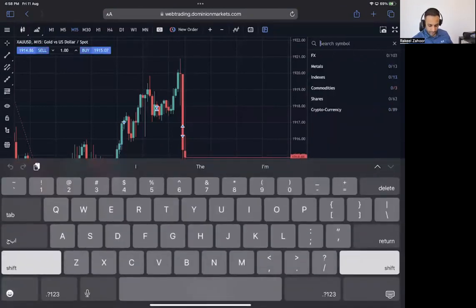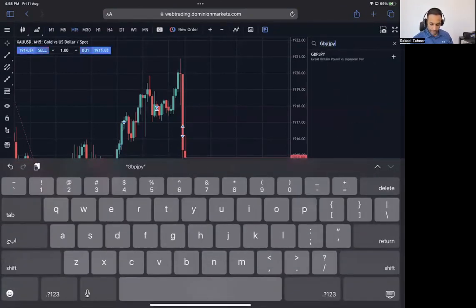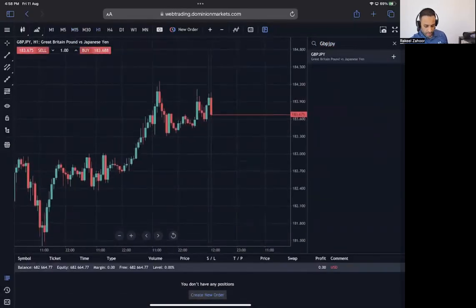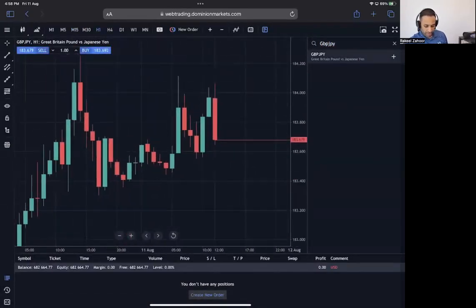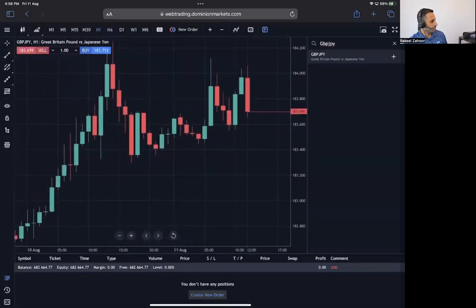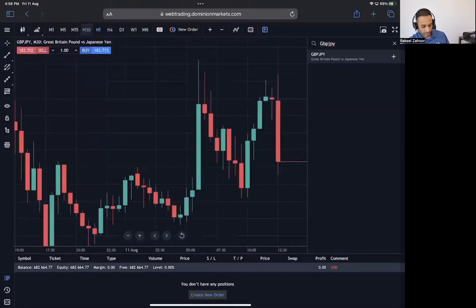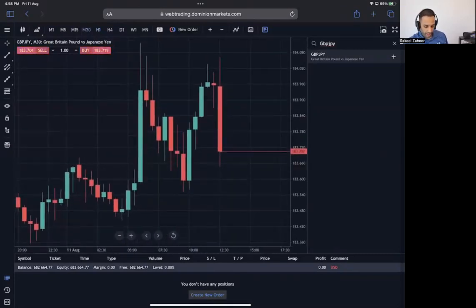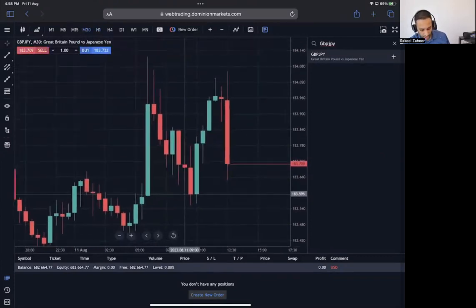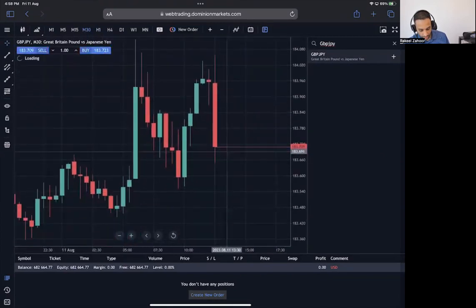All right. Let's take a look over here. GBPJPY. Pound yen is just consolidating. We're ranging here now. This is a 1 hour time frame, this is a 30-minute time frame. Even if we think this range, 183,700 to 183,600, it's like 10 pips. It's nothing.